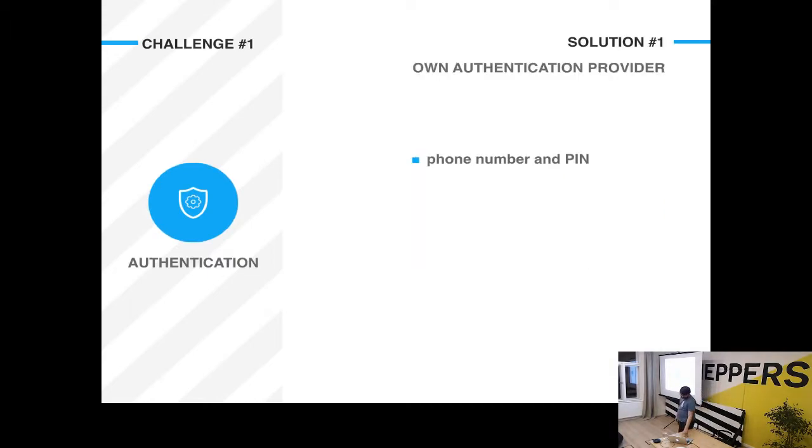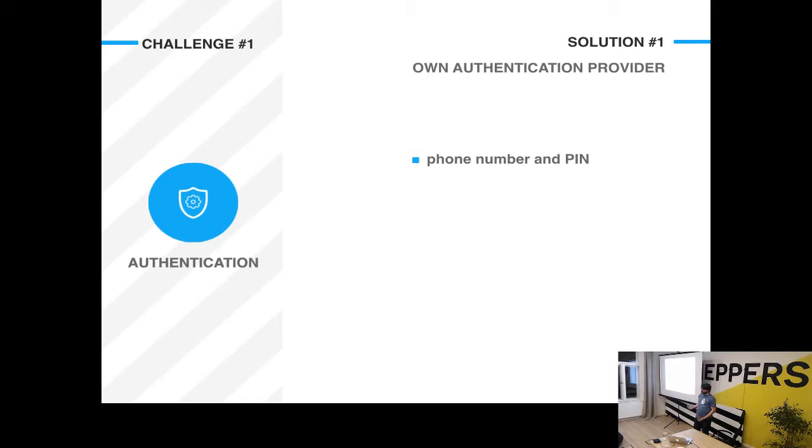Let's start with authentication. You probably don't want to enter your email address or your username and password on one of these kiosks, so I decided to create phone number and PIN authentication. This is easily solved by your own authentication provider.